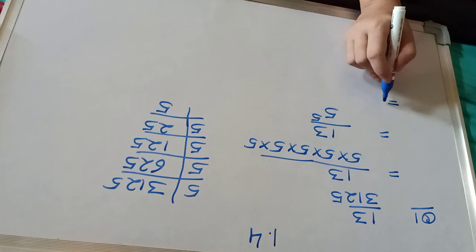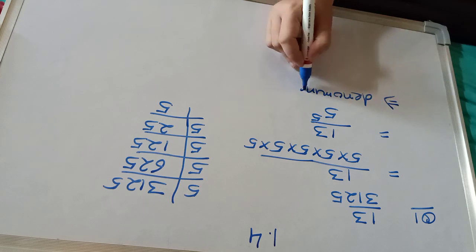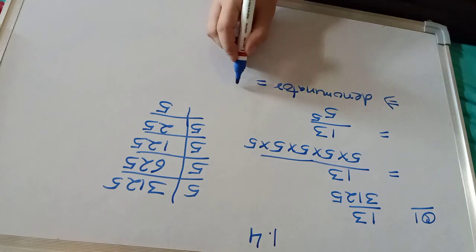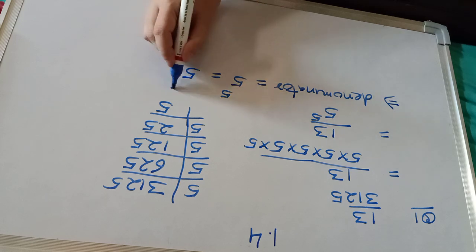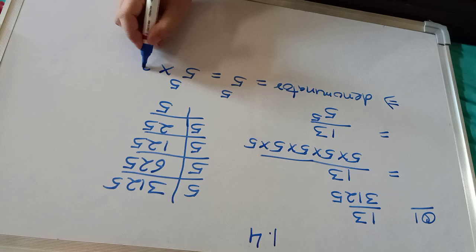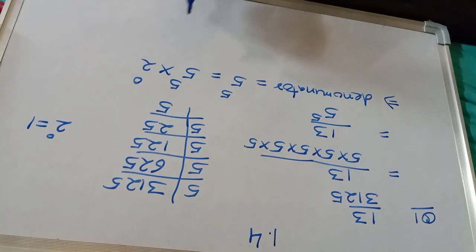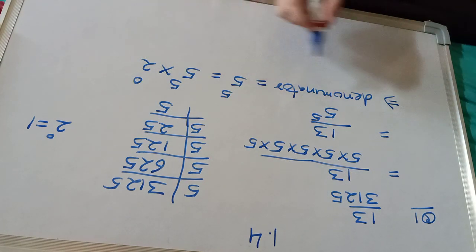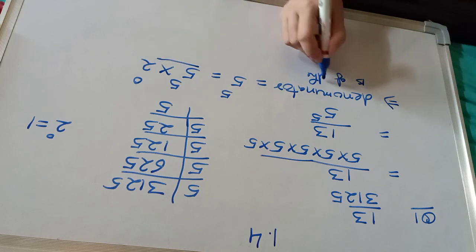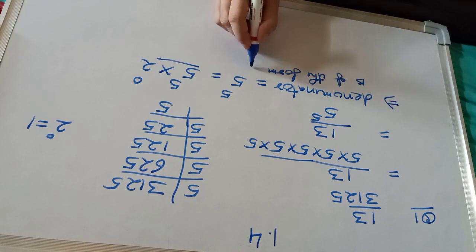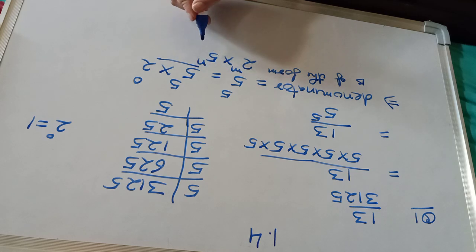Now go for the denominator. Here the denominator is 5 raised to power 5. It can be written as 5 raised to power 5 into 2 raised to power 0. 2 raised to power 0 means 1. Clear? And the denominator now is of the form 2 raised to power m and 5 raised to power n.